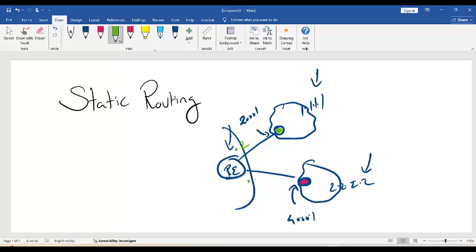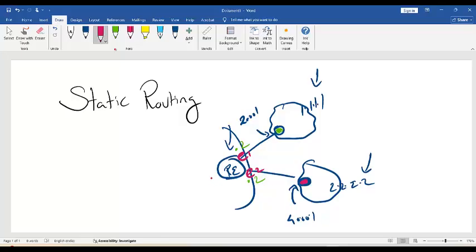On this side is 40.0.0.2. The interface names are, let's say, Ethernet 1 and Ethernet 2. So Ethernet 2 IP address is what? 40.0.0.2.